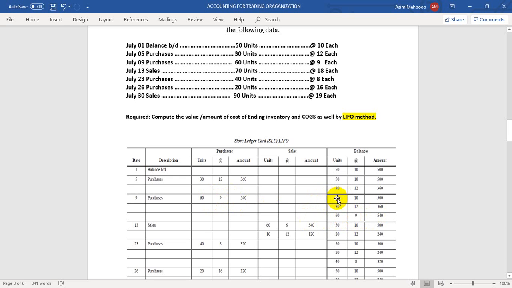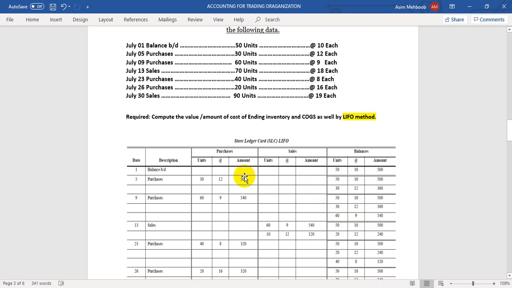This is the balance brought down, this is what you purchased on 5th July, and this is what you just purchased on 9th July, recorded under the balance of the inventory.